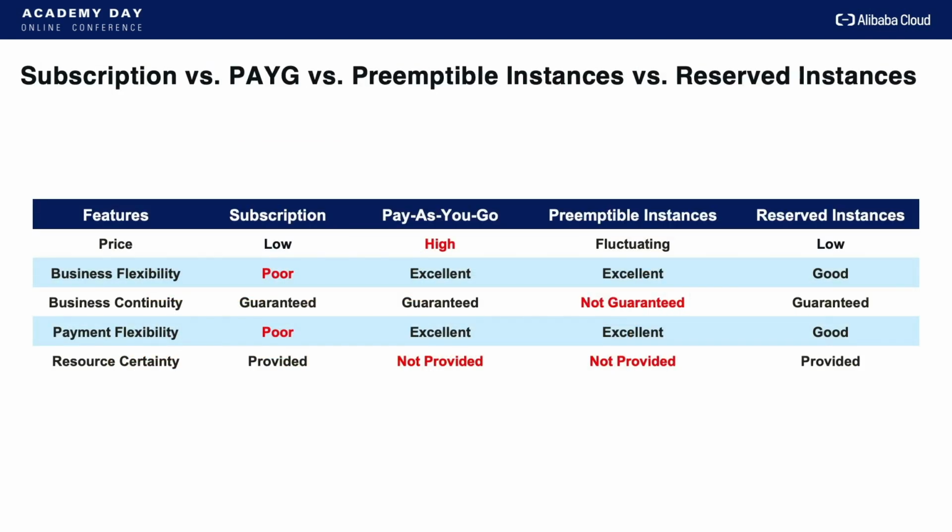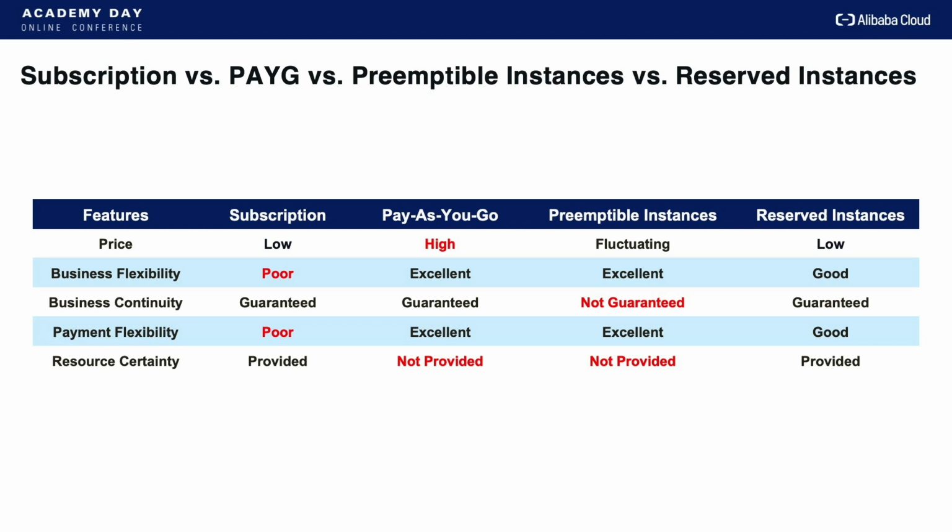And finally, let's take a look at a comparison table that shows you the pros and cons of each purchasing option for ECS. As you can see, each purchasing option has its own place. It all depends on your usage behavior. For example, if your business requires a more stable and reliable compute resource, I would recommend a subscription purchasing option when you buy an ECS instance.